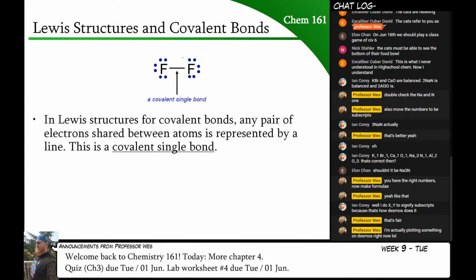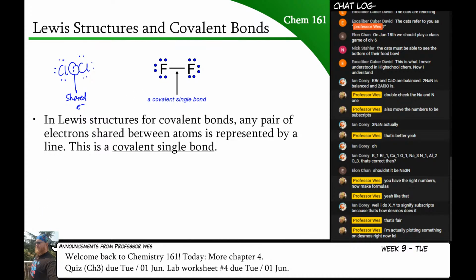Now, whenever we draw 2 electrons that are shared between them, we're going to replace that with a line. So if I had something like this, these are my electrons that are shared. Anytime you share electrons in a covalent bond, we're going to redraw them as a line.